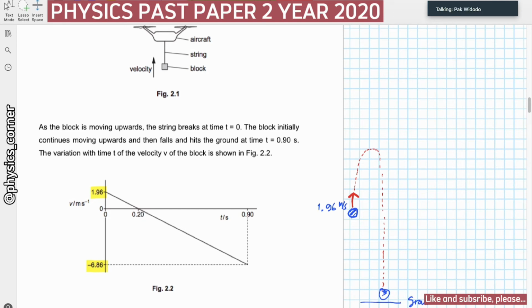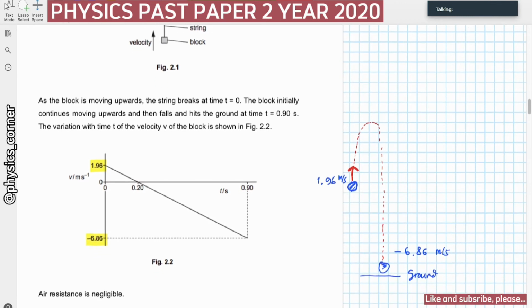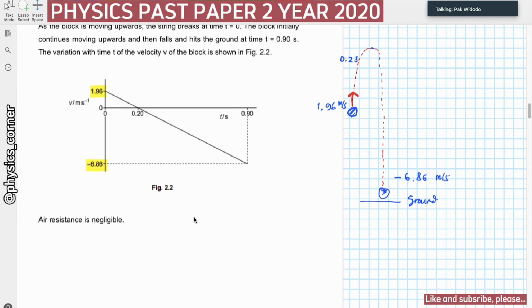At the ground it has velocity negative 6.86 meters per second. That is after t is 0.2 seconds, until the maximum.